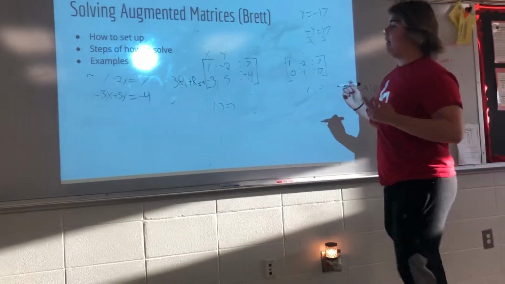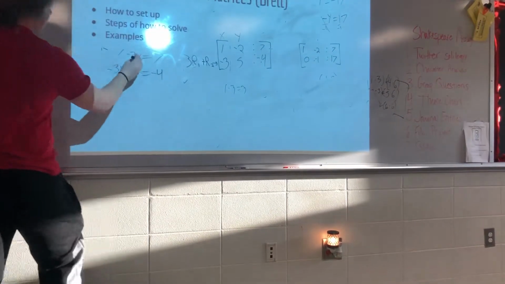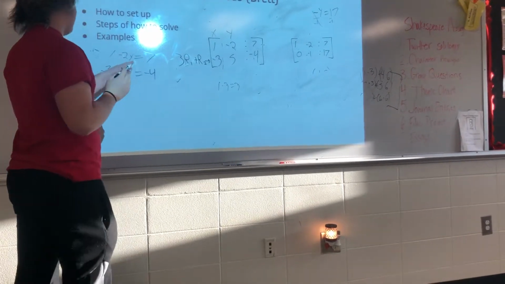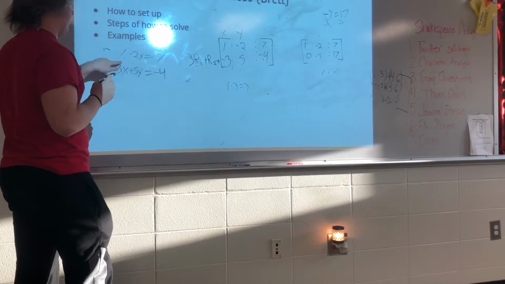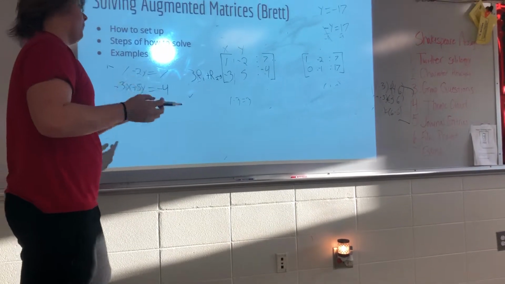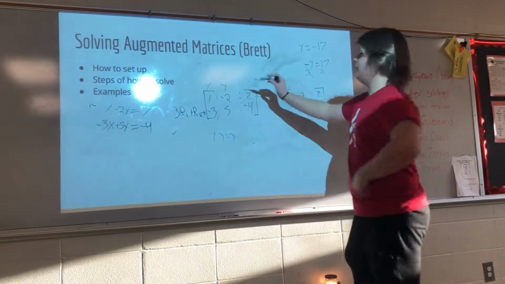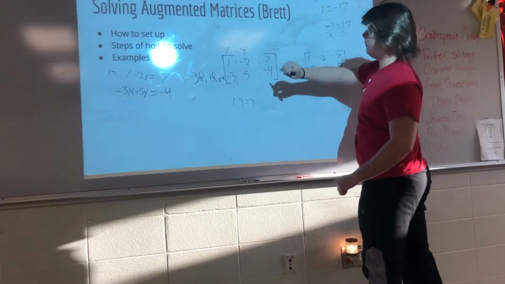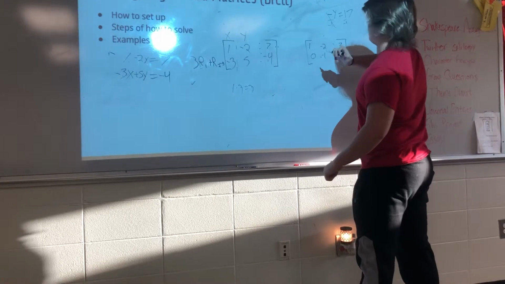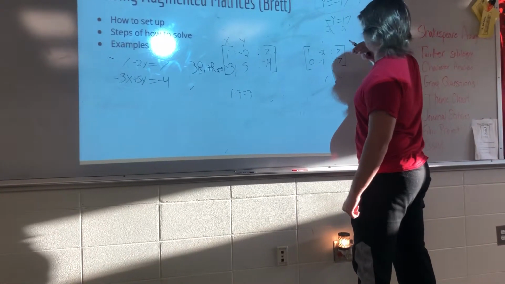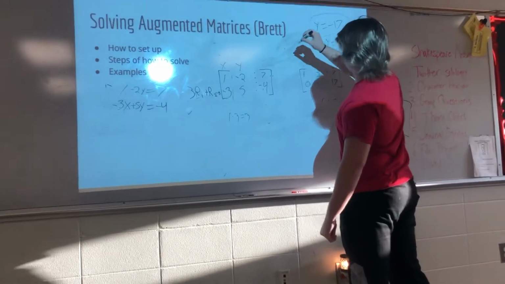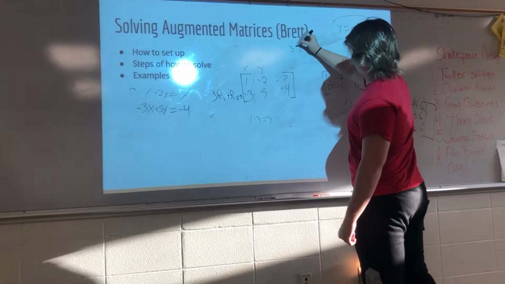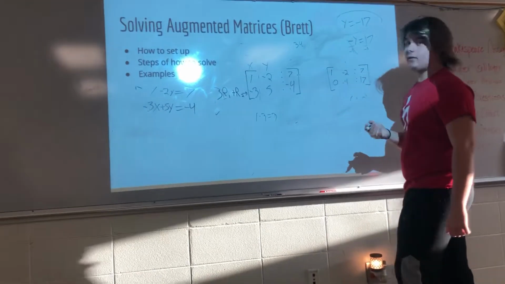So now you have your y value. And all you have to do is plug it back in to find out what the x value is. But since we're using matrices for some reason, we're going to do it in the matrices. So you take what y equals, multiply it by the y column, so -17 times -2 is equal to, hang on, let's do some quick math here, 34, correct?